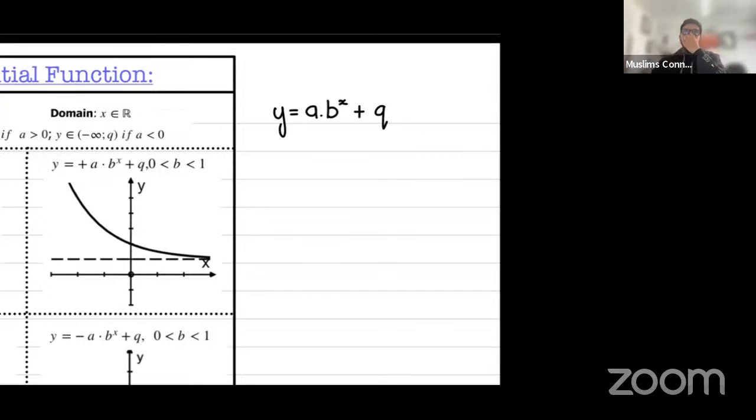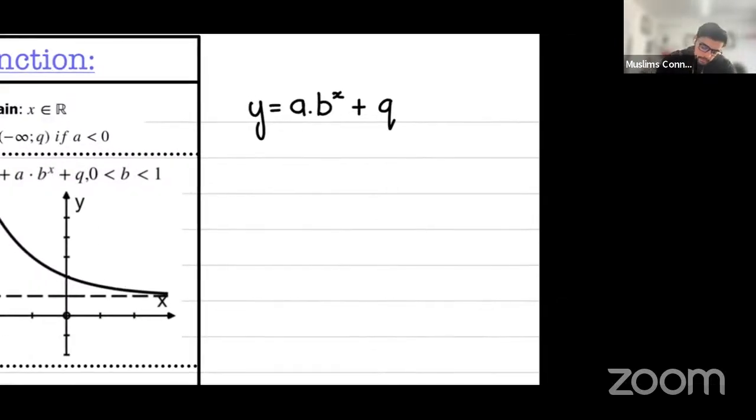Now, let us talk about the parameters. Firstly, we have a. What does a do? a and b together help us to determine the shape.